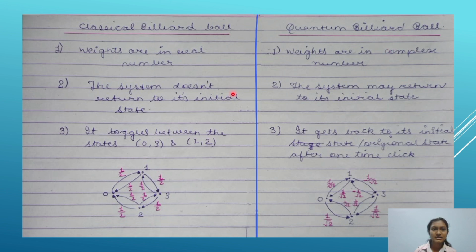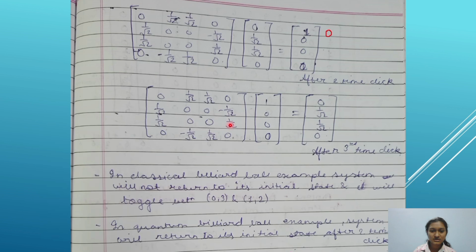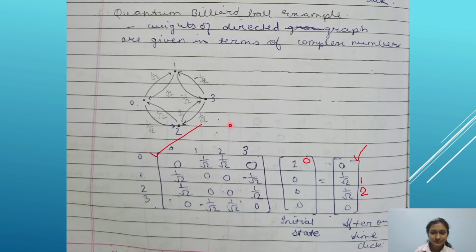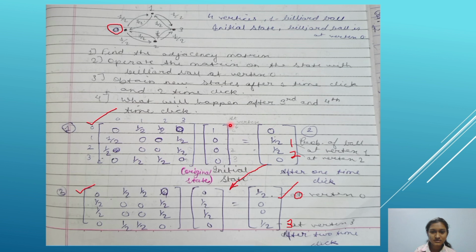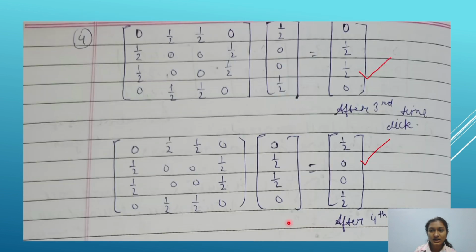Also, in the classical billiard ball, as we have seen, in 1 time click we have 1, 2, and in 2 time click we have 0, 3, and again we get 1, 2 and 0, 3.